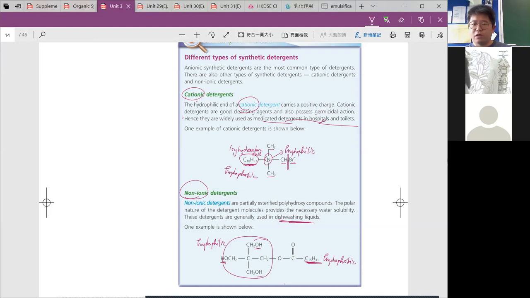Now, how many of you think that you understand to a certain extent what is said about soapless detergent, the cleansing action? Could you please put up a hand? Raise your hand. Let me know. One. Two.